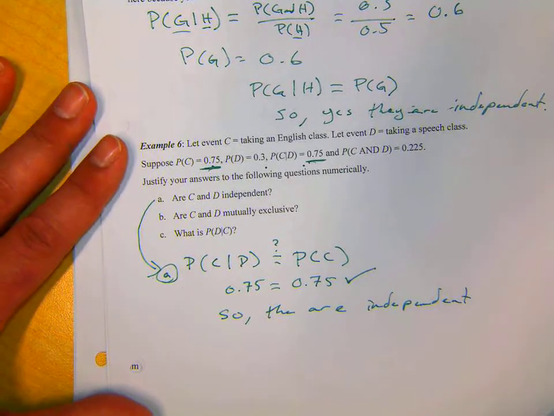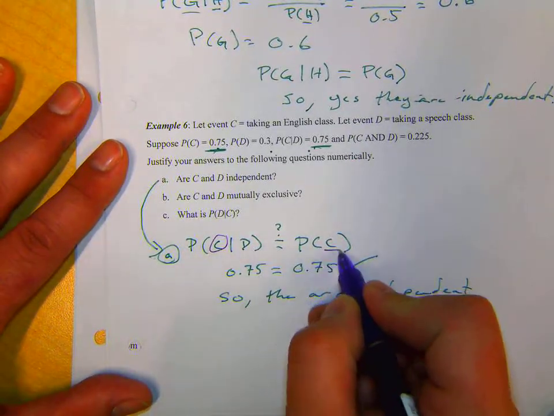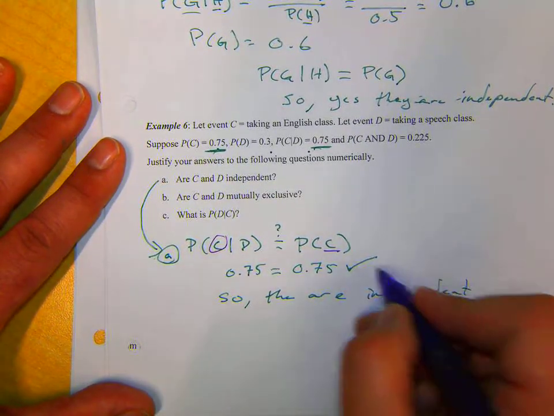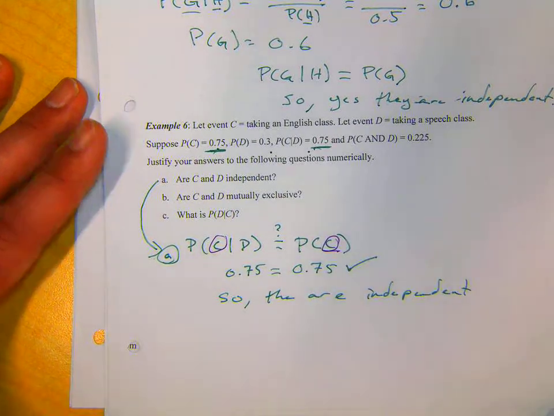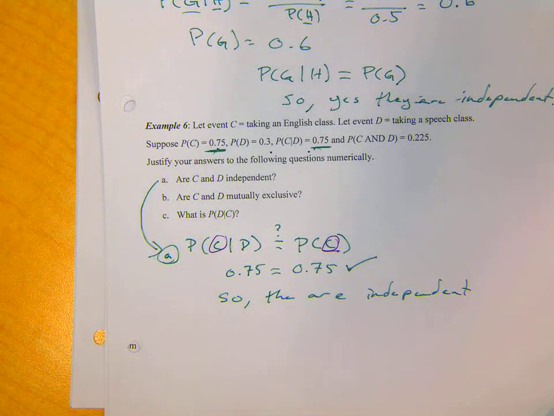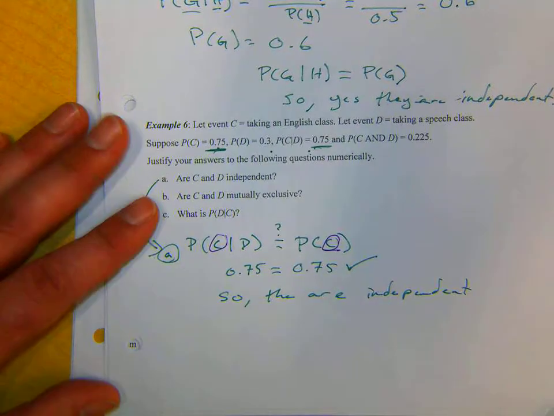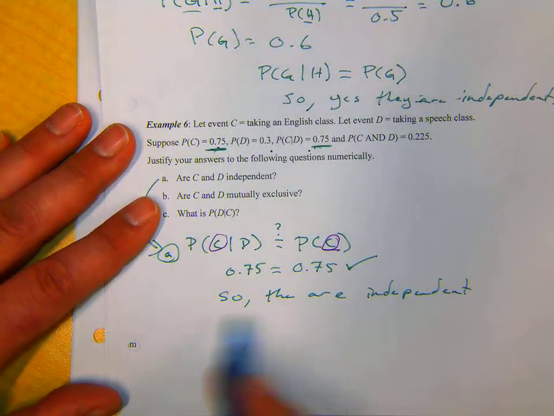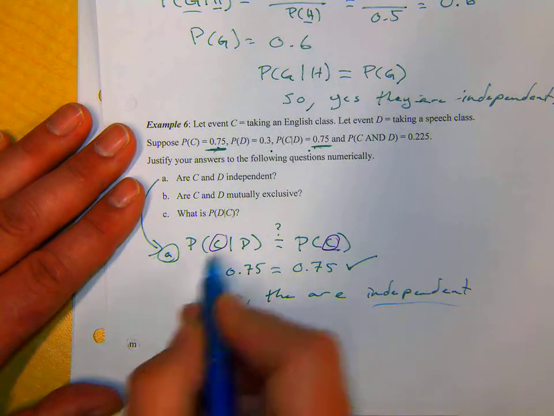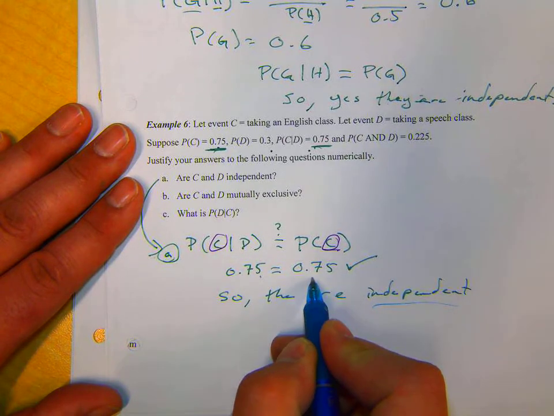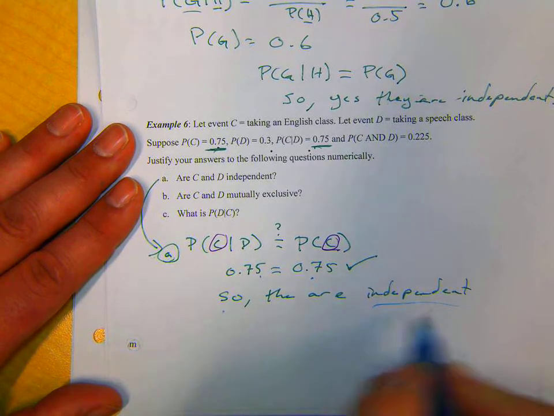Here I got C in the top, so I'm going to make sure C's over here. If I compare it to P of D, then it's going to look like it's dependent, but that doesn't tell me anything, technically. So they are independent for this reason, because we checked it and it worked out. The check worked, so they are independent.